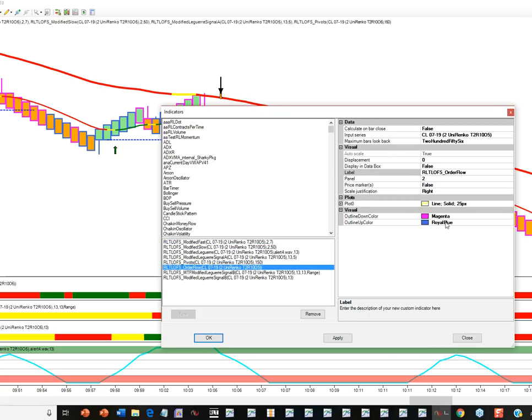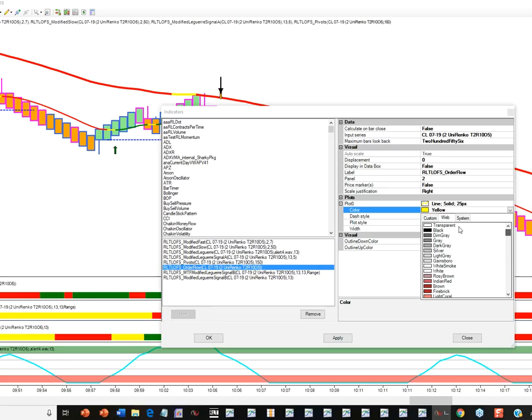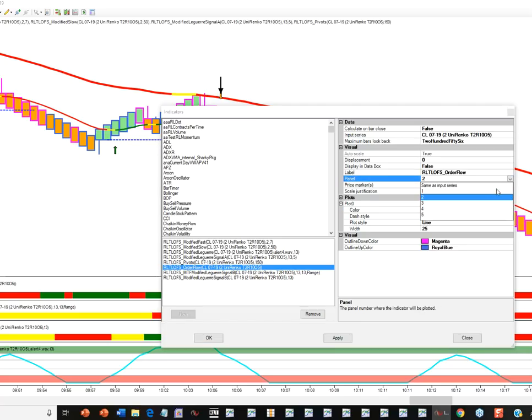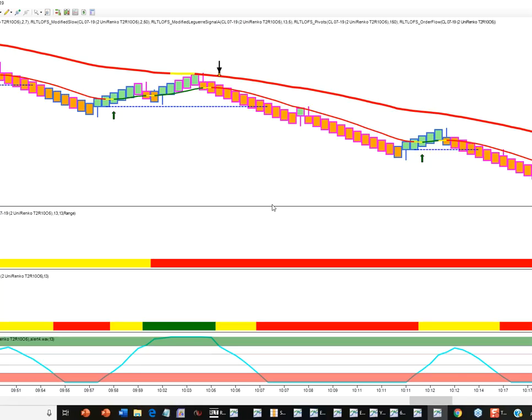We can remove the order flow line. And the chart's going to become very simple. We're going to make it transparent, and we're going to put it in the same as the input series. Now we have a much simpler chart.